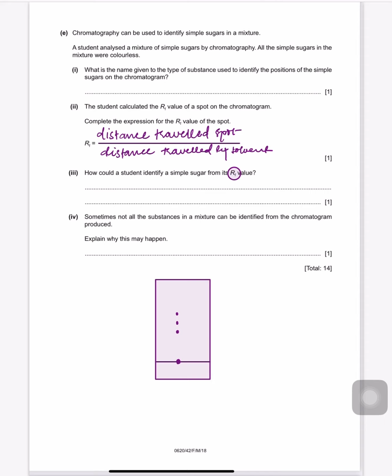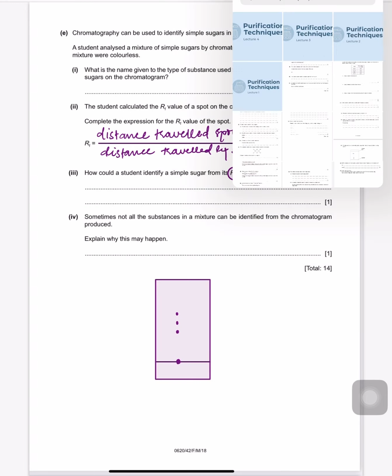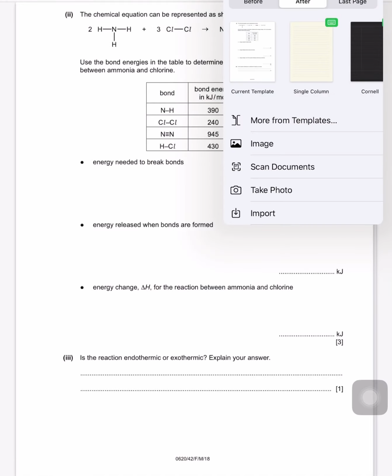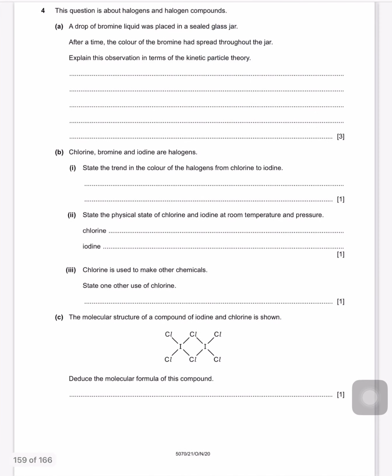Okay, now I'm going to share one more question with you related to these chapters. Here there is a question of the year 2020, October-November, variant 1. This question is about halogens and halogen compounds.